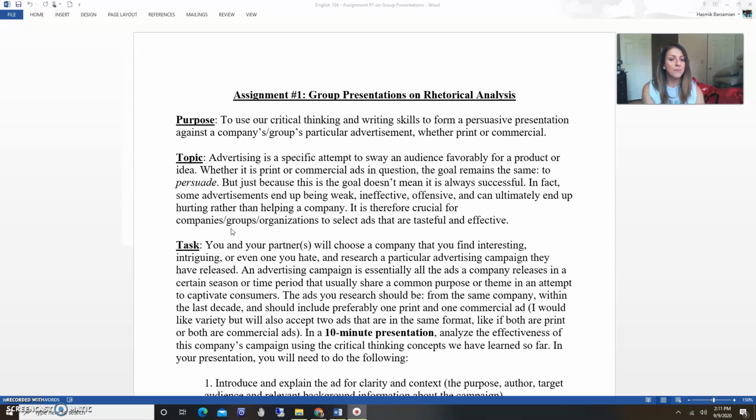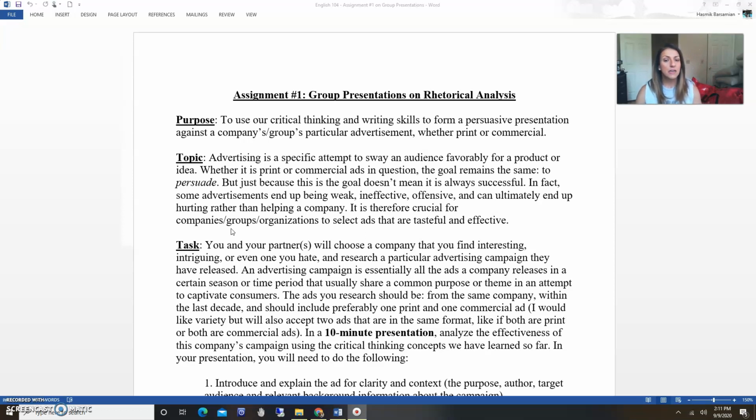We're not looking at how much success the company has. Of course, these two things do sometimes go hand in hand. Like, if a company has a very successful advertising campaign, their sales can skyrocket. But just because the company is rich or happens to be doing well, doesn't mean that the campaign is rhetorically strong.